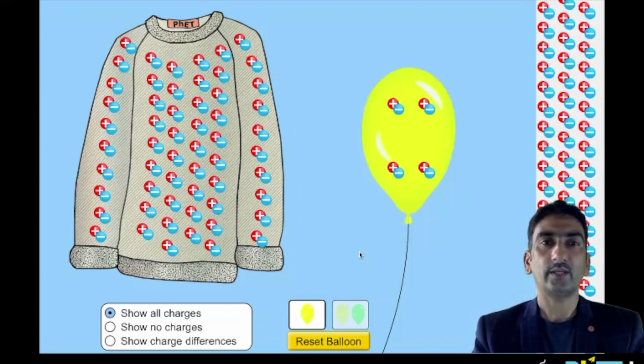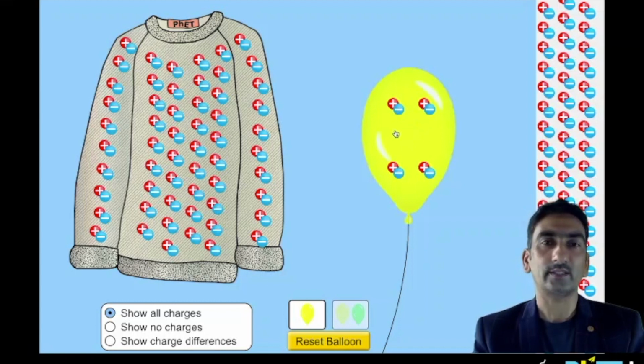So we can understand the process of charging by friction or charging by rubbing with the help of this simulation. Right now you can see there are two things, one is the woolen cloth and another one is the balloon. Electrically both are neutral because the number of positive charges on both sides are equal.